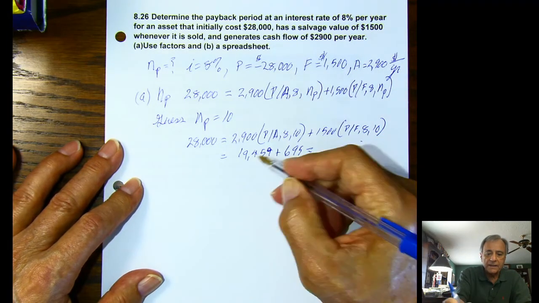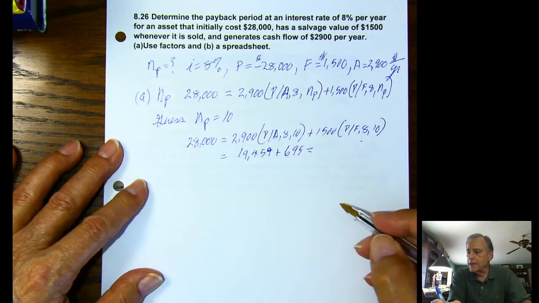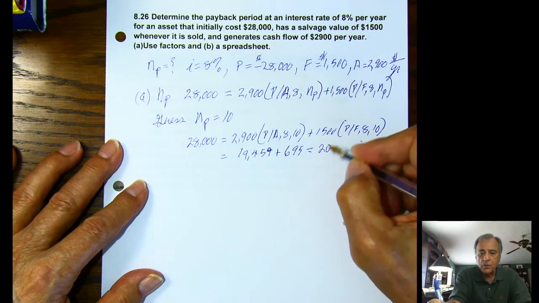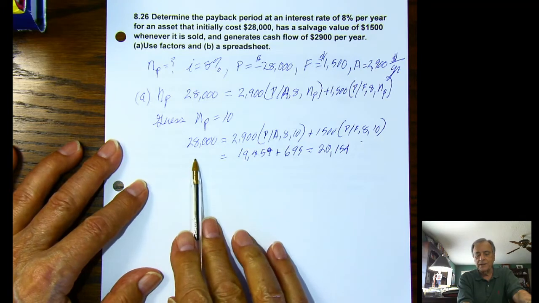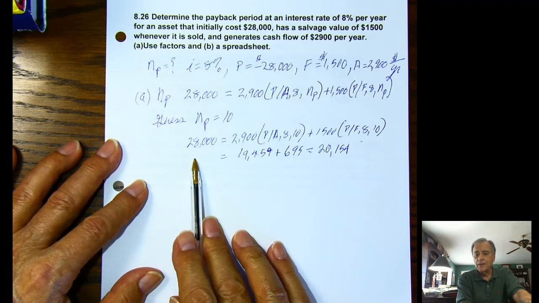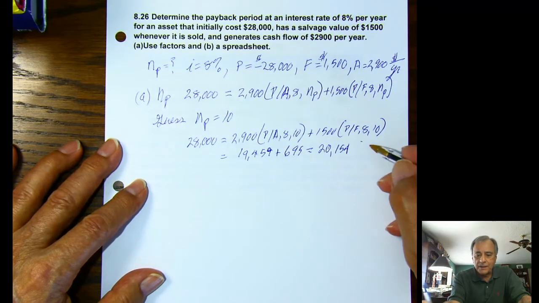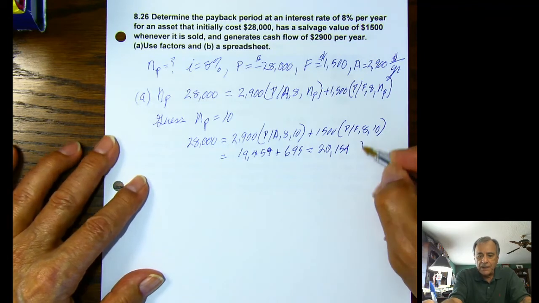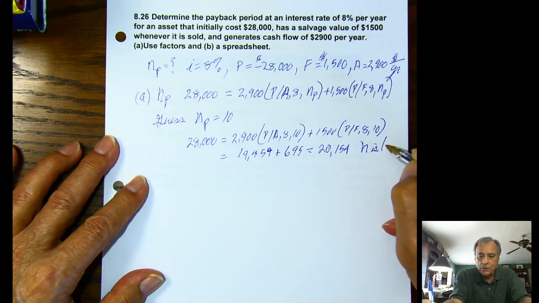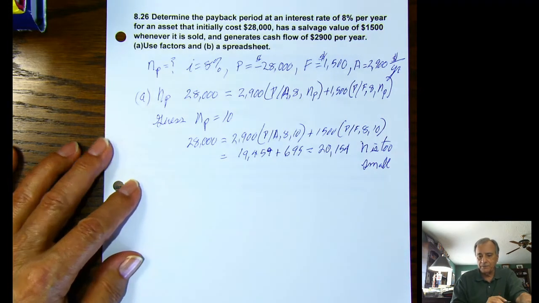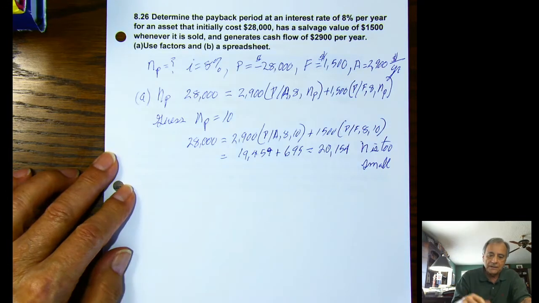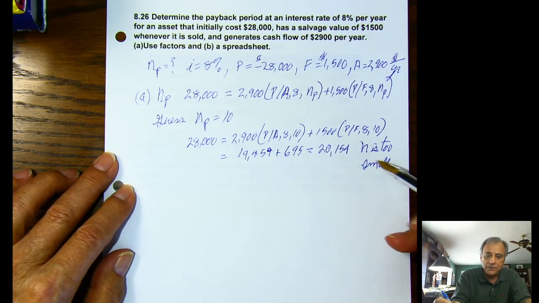So when I added these two together, I got 20,154. Well, that's not nearly 28,000. So N is too small. I need to bring back more years to get to 28,000. So I said, okay, well that was way too small.